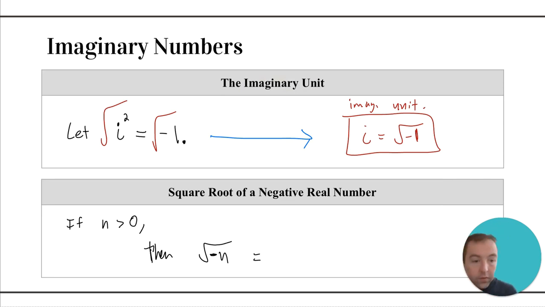Then this is equivalent to taking out the -1 as a factor under a separate square root. And that comes from properties of square roots that we already know are true. And then because we now know that the square root of -1 is equivalent to i, this is just equal to i root n. Okay.